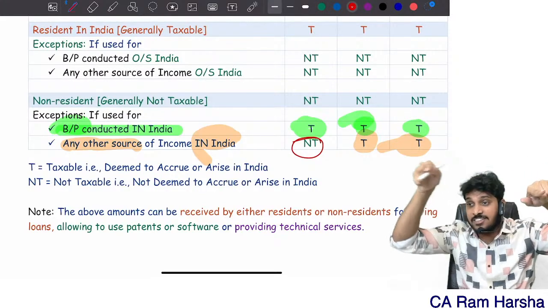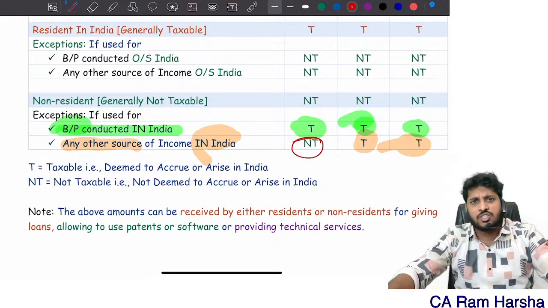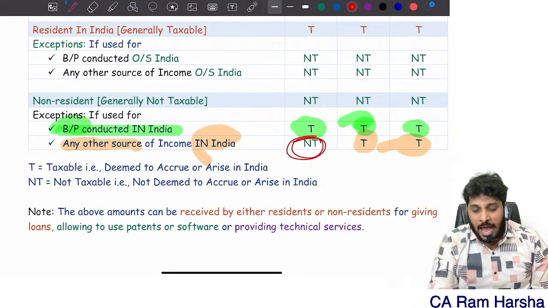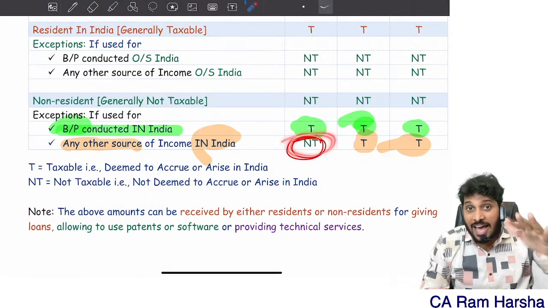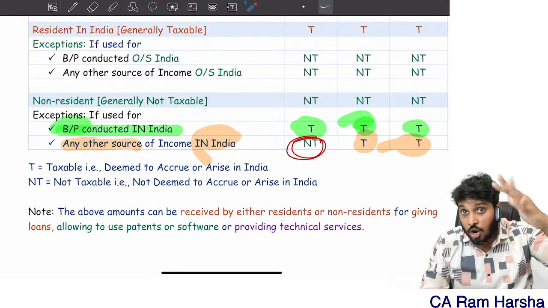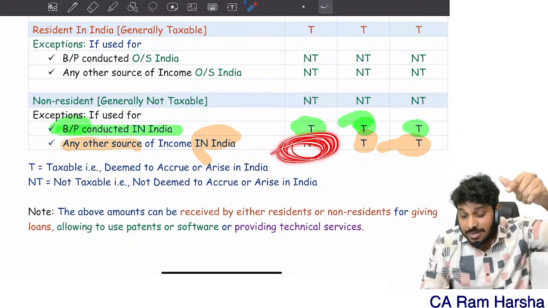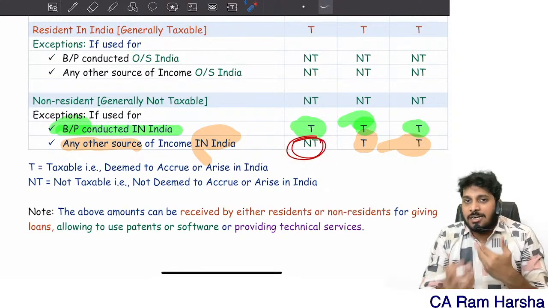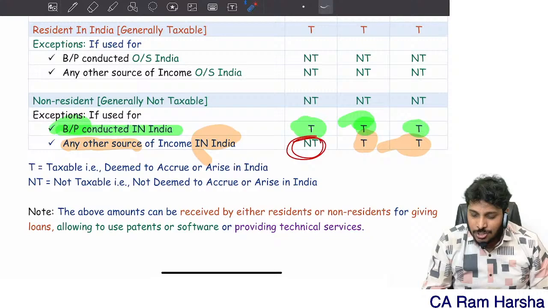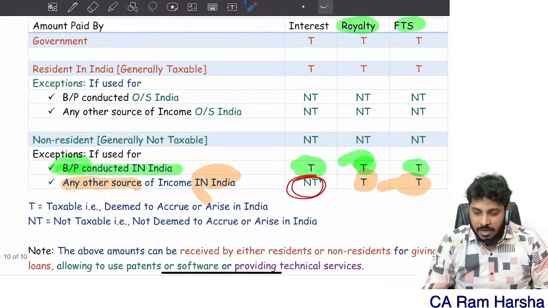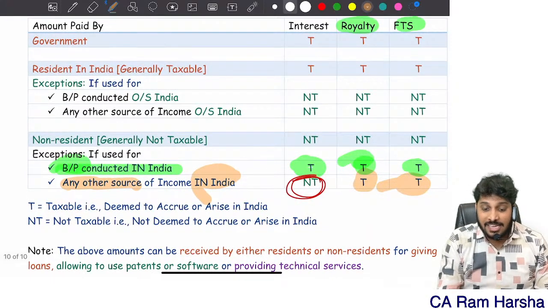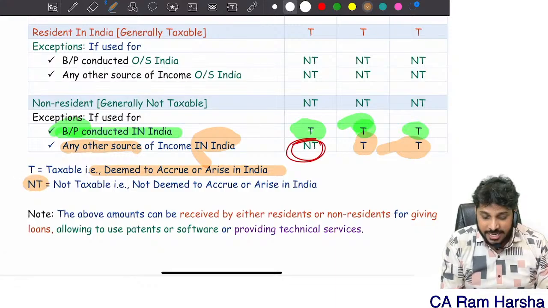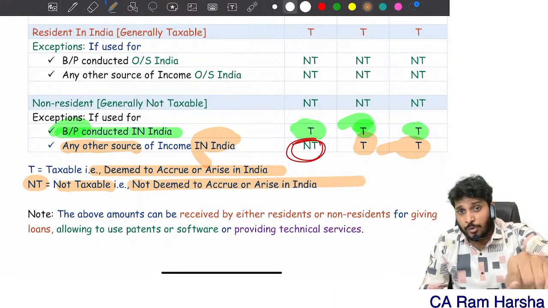That loan he invested in India for some purpose, not business or profession, that is not taxable. Actually, the Income Tax Act is silent on this case, but we always take beneficial interpretation, right? So it is not taxable. By the way, here T indicates taxable, nothing but deemed to accrue in India. NT indicates not taxable, which means not deemed to accrue in India.